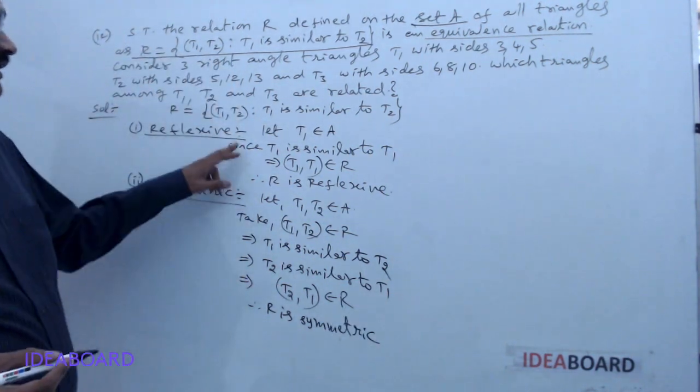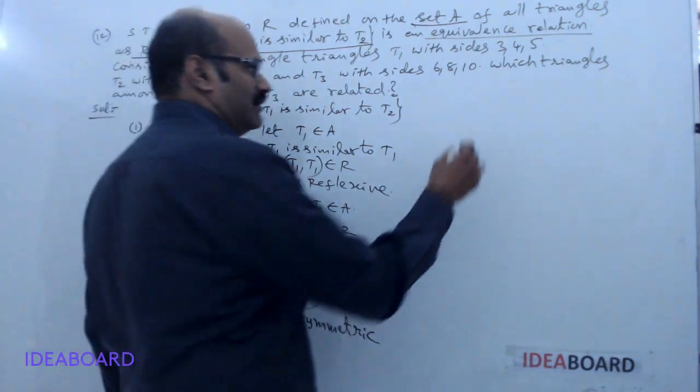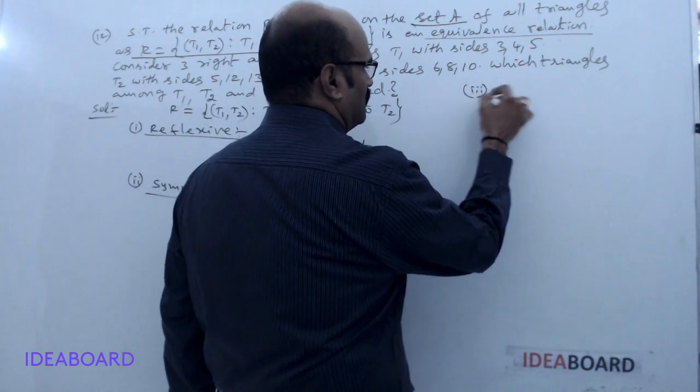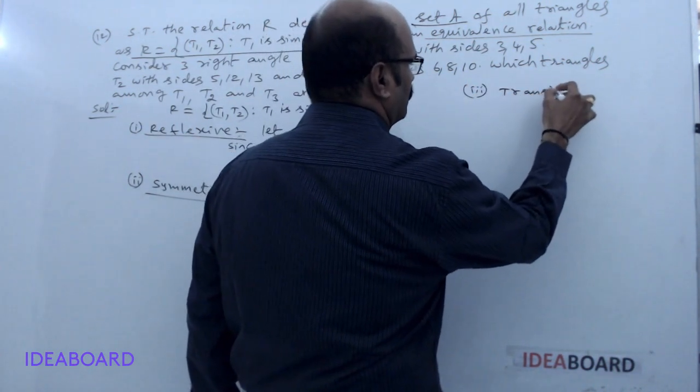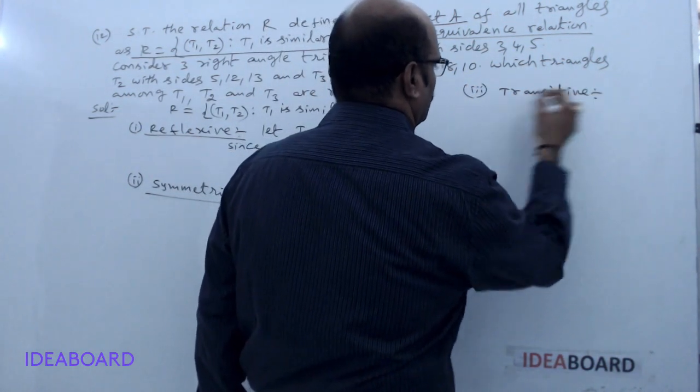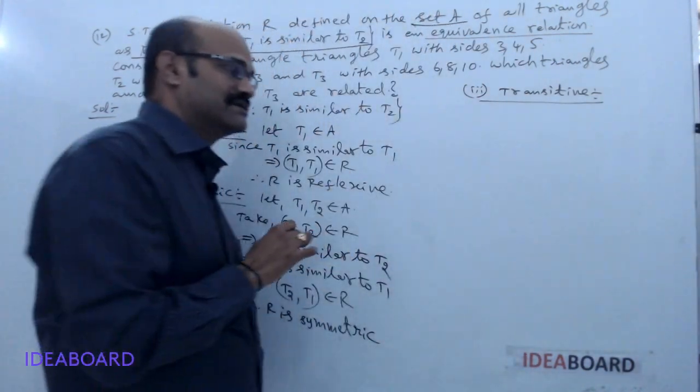Now we have to prove that it is transitive. Third one, transitive. Let me take three triangles.